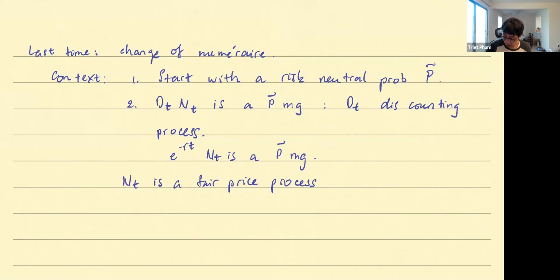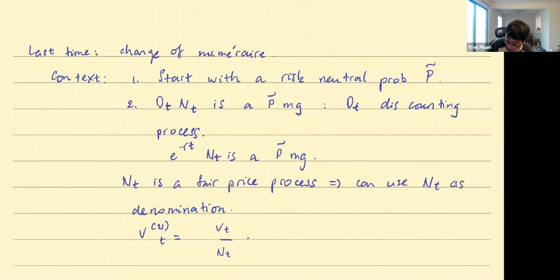If it's something like this, then we can use it as denomination. In other words, any other value process, you can denominate in N, by dividing, and then just denote V over N. Okay, so that's the definition. Pretty straightforward.